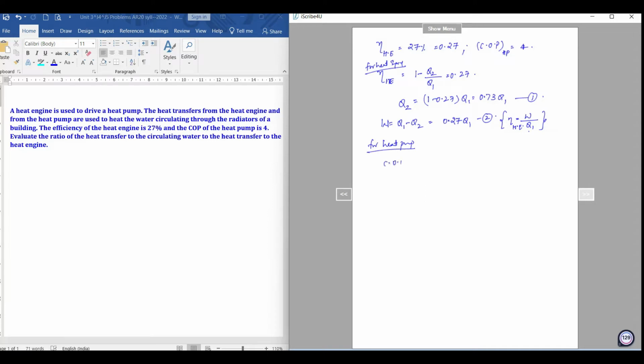Okay. So for a heat pump, what is COP? COP of a heat pump is desired effect by input energy. You can write it either way, it doesn't matter.